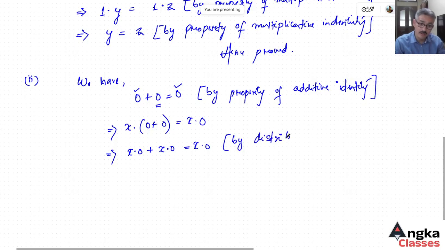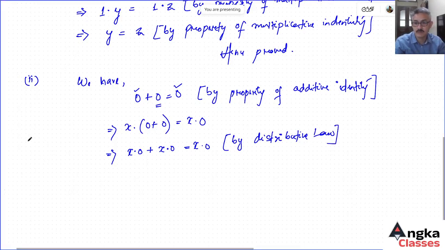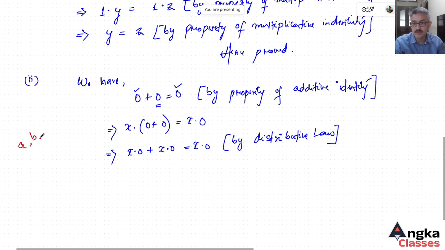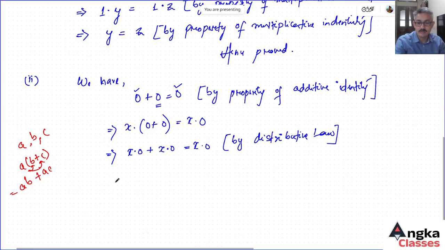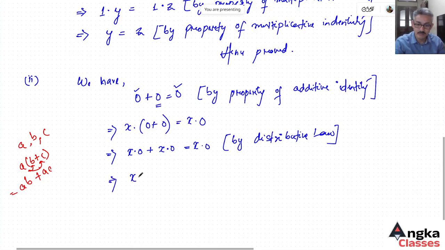Distributive law says that for real numbers a, b, c, a into b plus c is equal to a into b plus a into c.